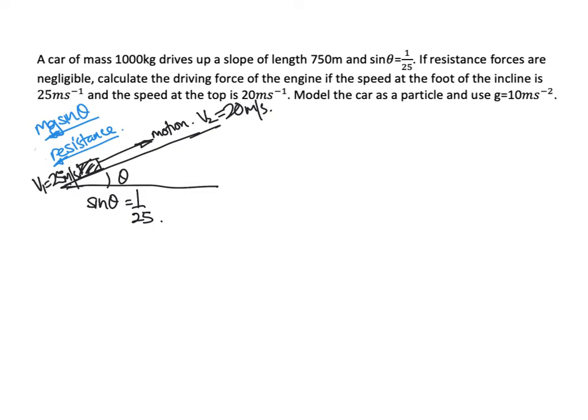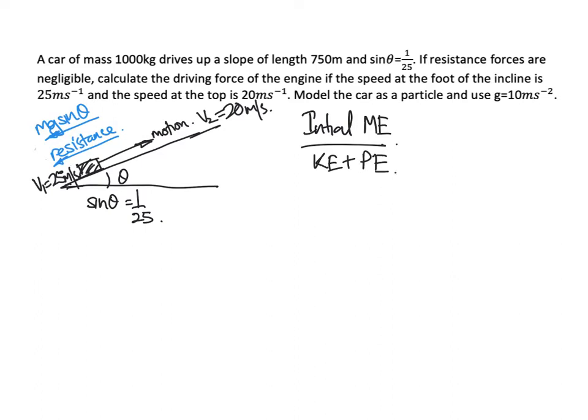Now calculate the driving force of the engine if the speed at the foot of the incline is 25 and the speed at the top is 20. First of all, let's find the initial ME, which is at the bottom. Initial ME is KE plus PE.